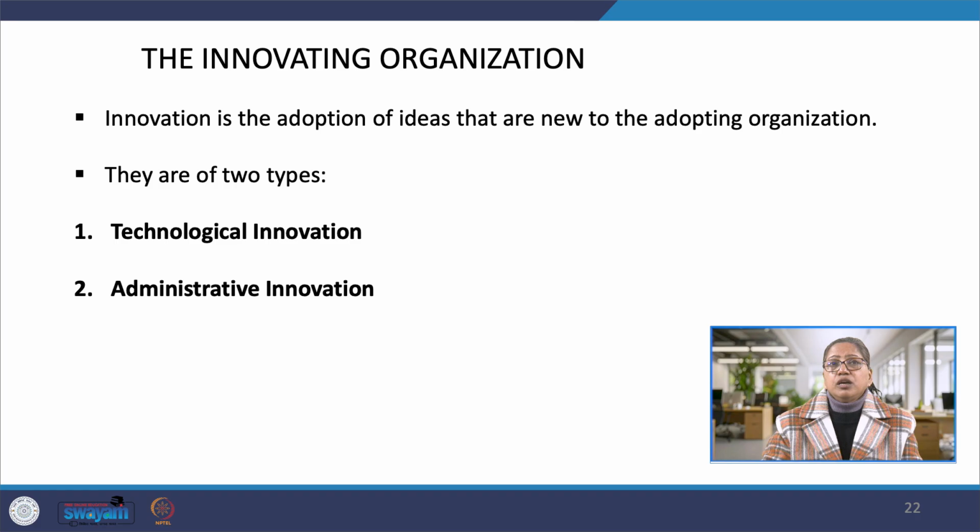Innovation is the adoption of ideas that are new to the adopting organization. There are two types: technological innovation and administrative innovation. Technological innovation comprises the use of new tools, techniques, devices or systems. Administrative innovation is the implementation of change in the organizational structure or its administrative processes.